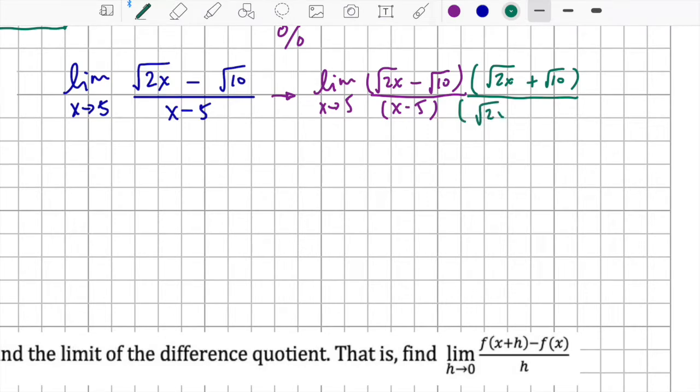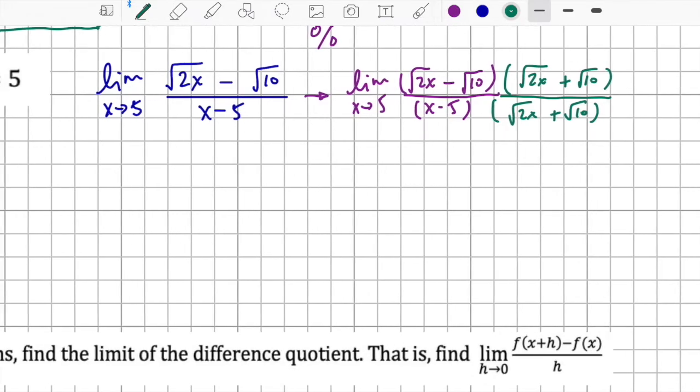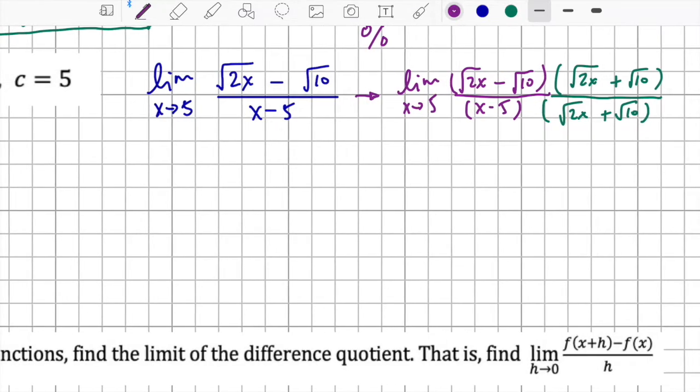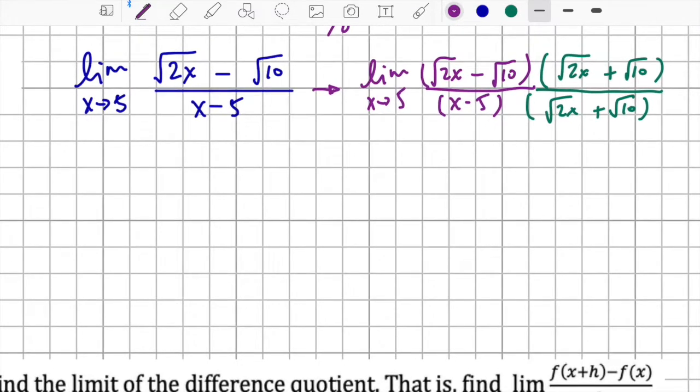Same thing on the bottom. Okay, now that I have it set up, we're going to multiply. Now, the denominator, I don't want you to multiply it, just leave it alone. But when we multiply conjugates, all you have to do is multiply this times this minus this times this.